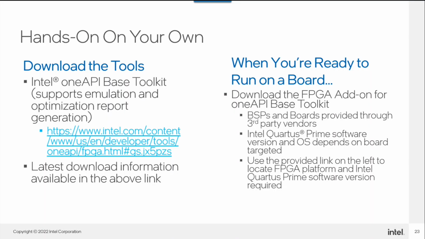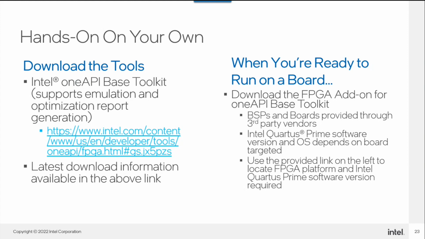And finally is the full compile, which happens on the hardware. The first 2 stages you can do with the oneAPI base toolkit. You don't need the FPGA add-on for that. If you download that tool, you'll be able to perform emulation and also generate a report, which will give you an idea of where the bottlenecks are in your model and what you need to change before you do a full compile.